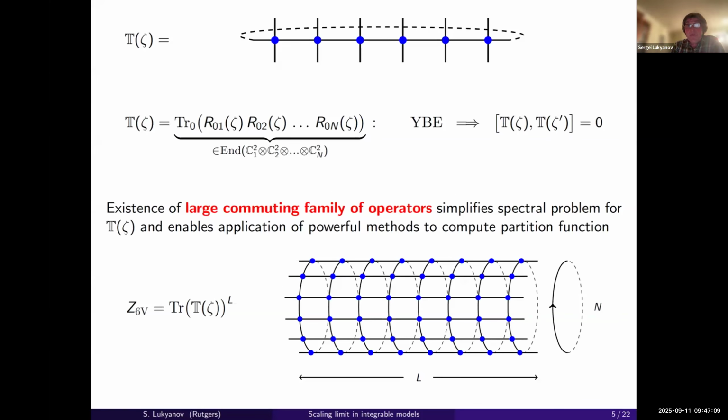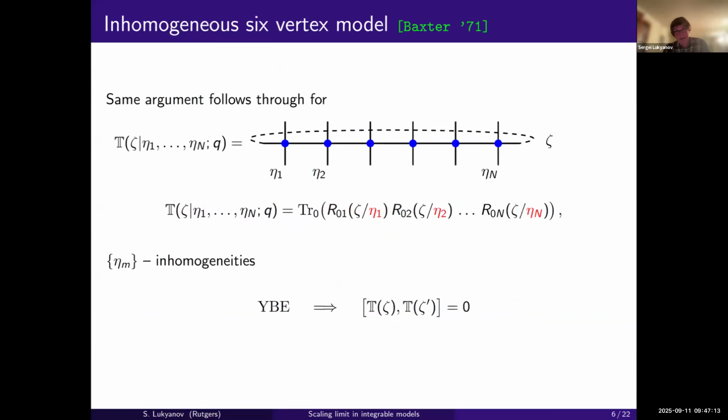But even from here, an immediate generalization of the model can be done, and this was done in the paper I already mentioned. The idea is, instead of the homogeneous transfer matrix built from the homogeneous Boltzmann weights, consider different Boltzmann weights.